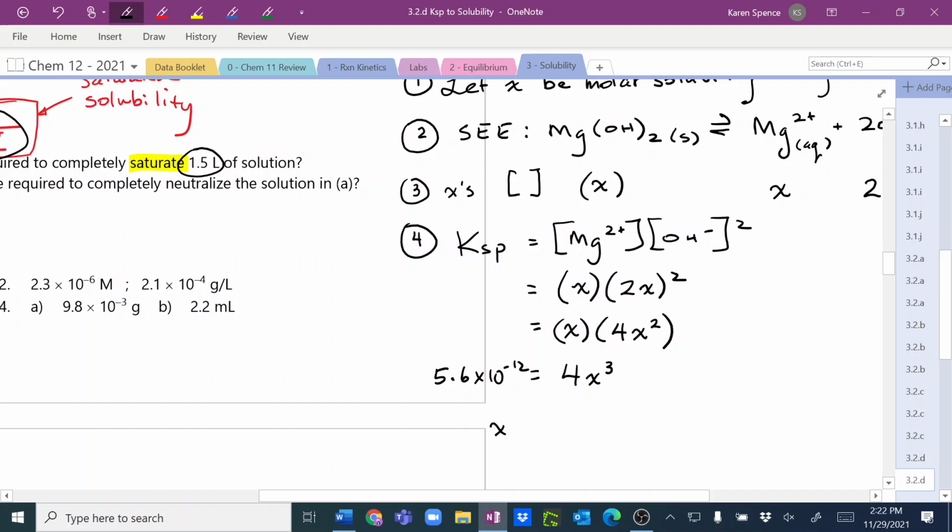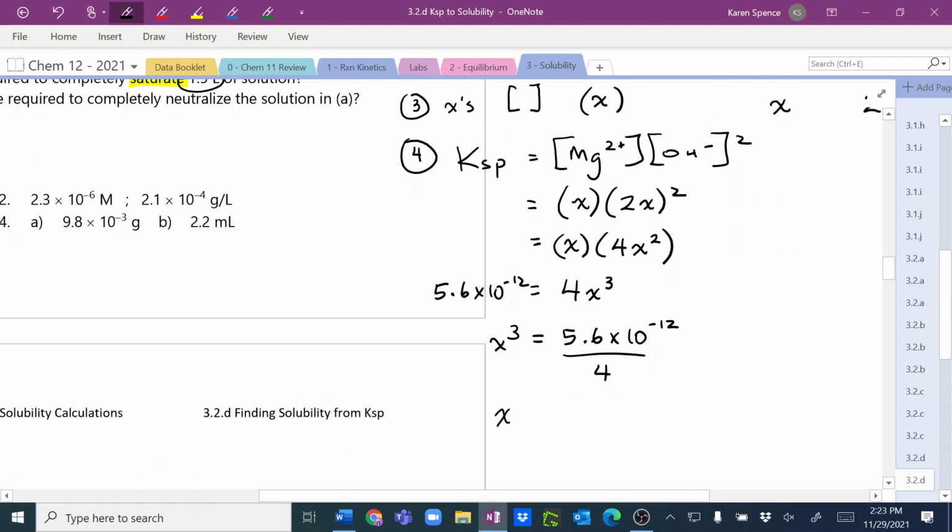Solve for x cubed, that is 5.6 times 10 to the minus 12 divided by 4. X cubed is 1.4 times 10 to the negative 12. And then we take the cube root of everything.